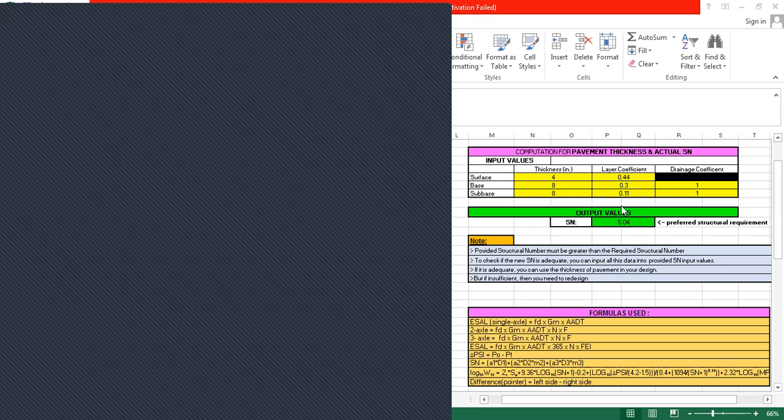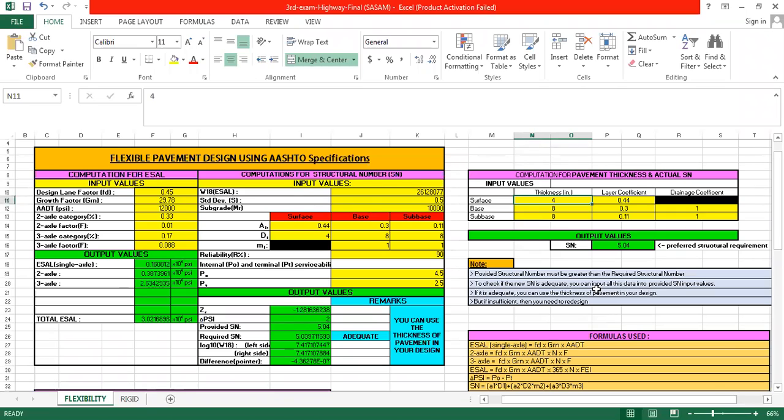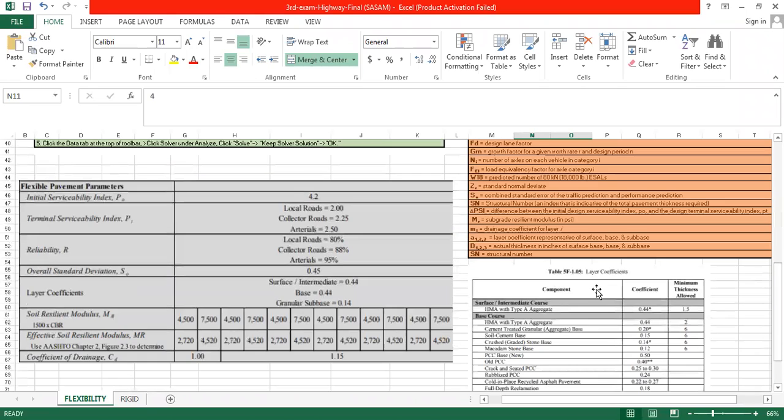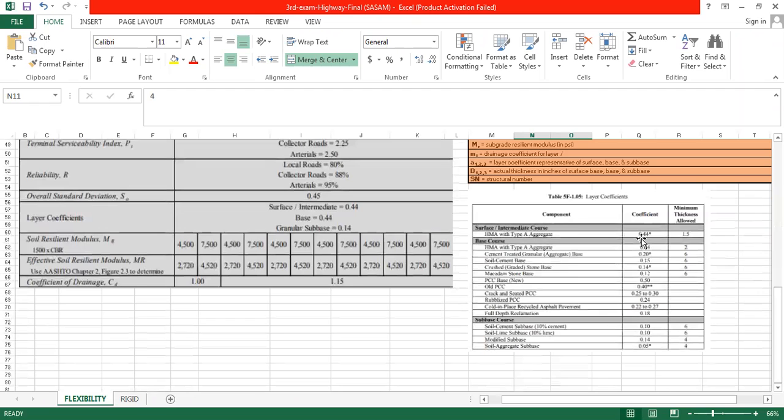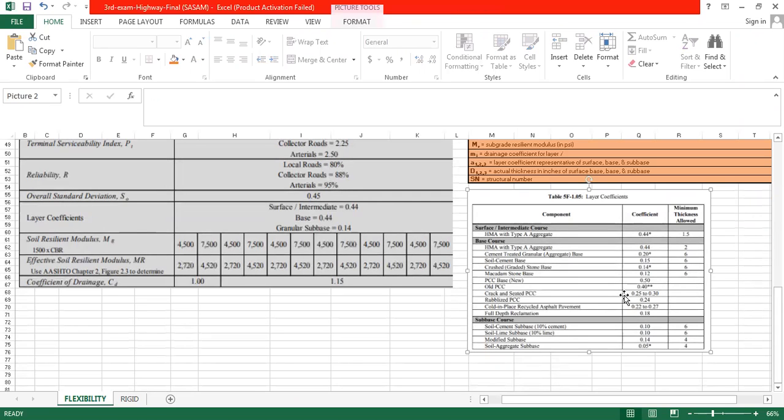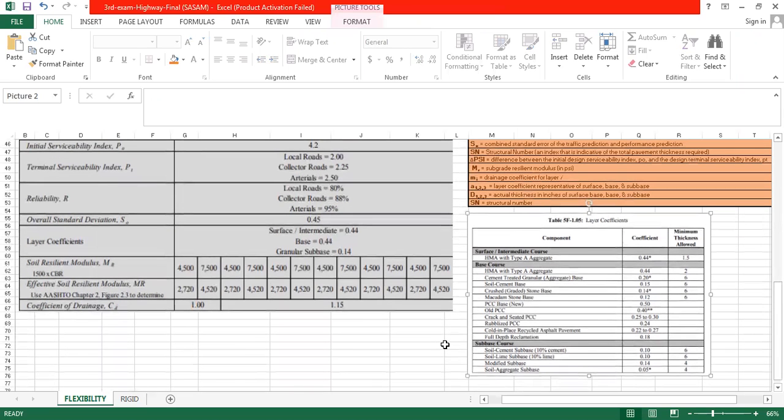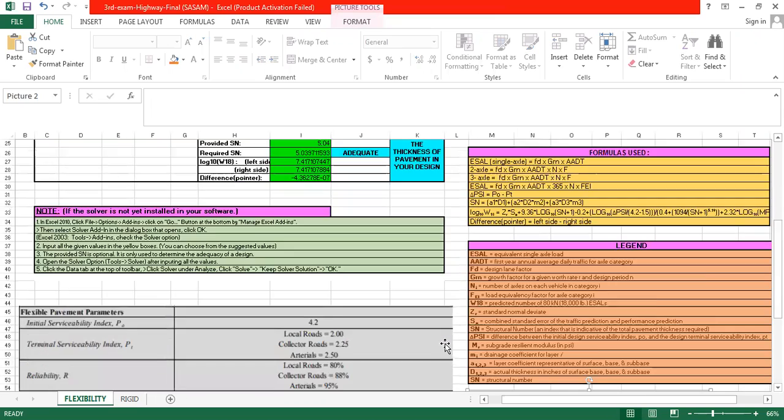We have here assigned layer coefficients according to AASHTO. Yeah, this one, layer coefficients. And we're just going to look for the specific value for each one.